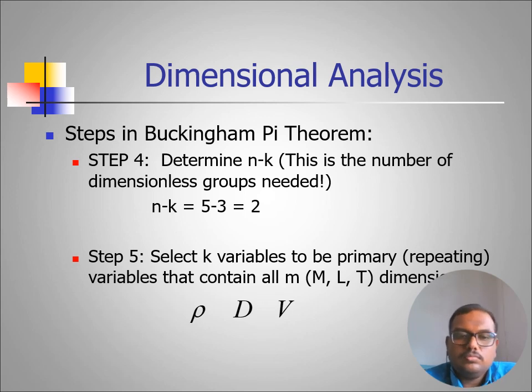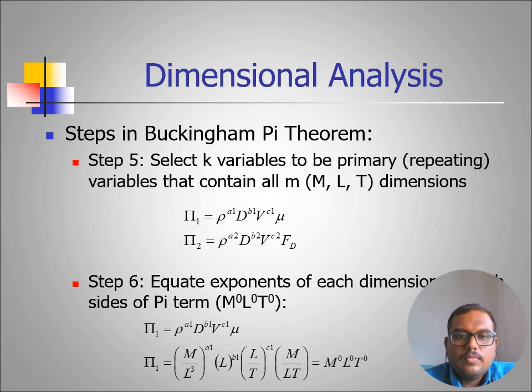Then select k variables to be primary repeating variables, containing all MLT dimensions. Here we have framed 2 dimensionless terms with repeating variables selected in such a way that they contain geometric property, flow property and fluid property.